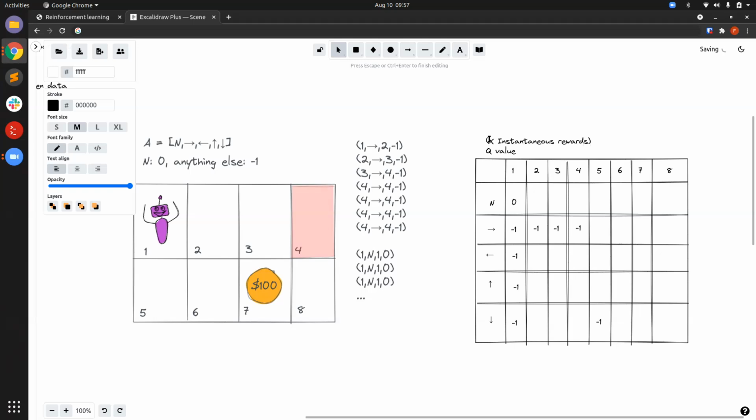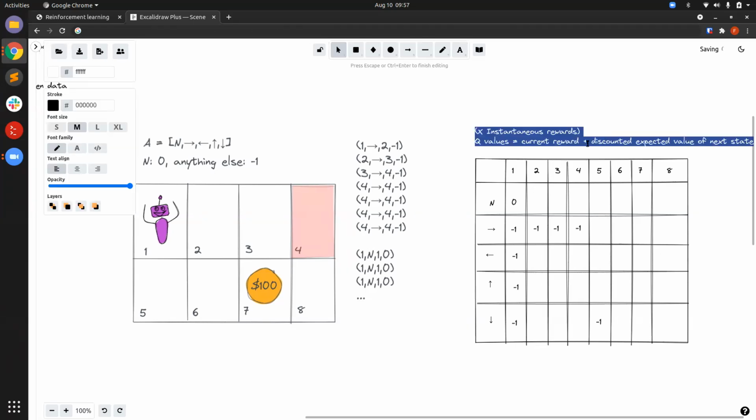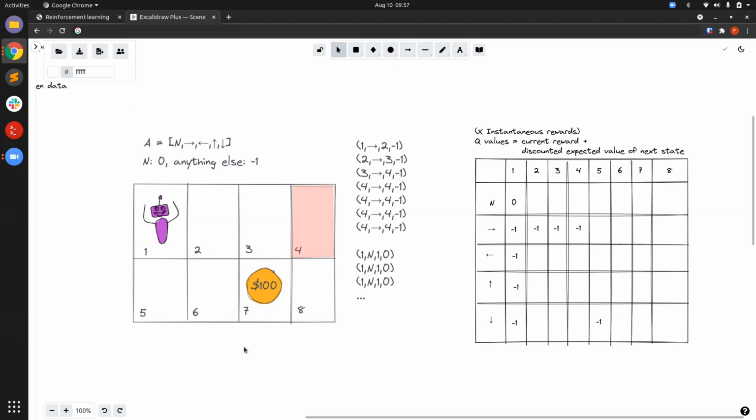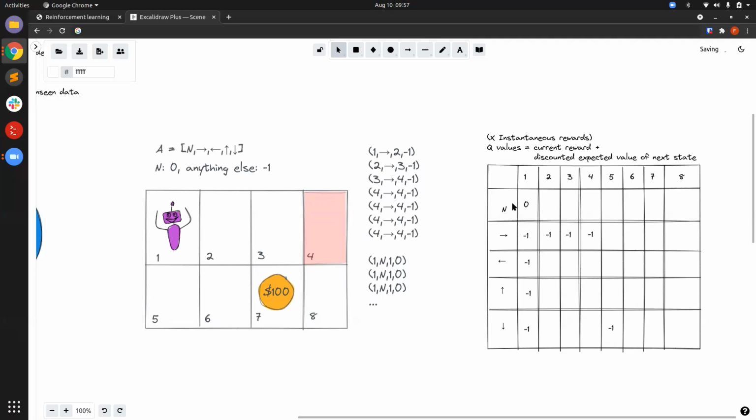So the Q values tell us current reward plus discounted expected value of next state. So now we could say, okay, if we were in state 0 and we do no-op, our Q value is going to be 0 plus V of state 0.